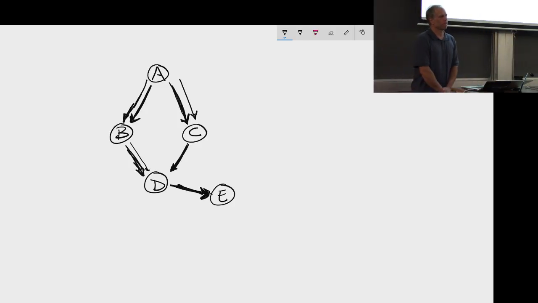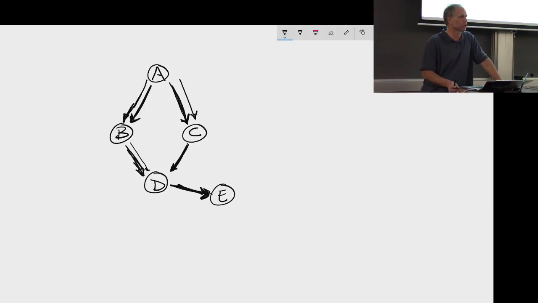Now, there's a problem. That's true, we found shortest paths, but what's the problem with the shortest paths that we used? Yeah? The shortest path from A to E would be the same as the shortest path from A to D. Well, no, the shortest path from A to E is of length 3, and the path A, C, D, E is the shortest.